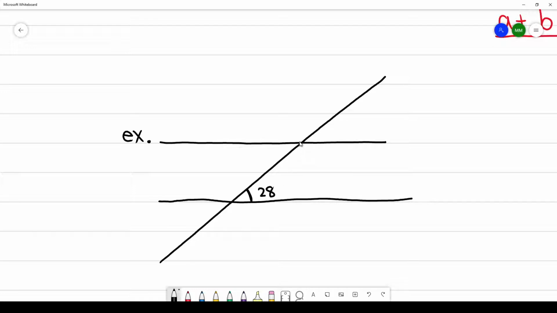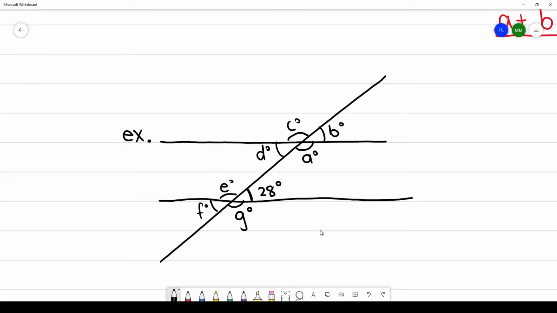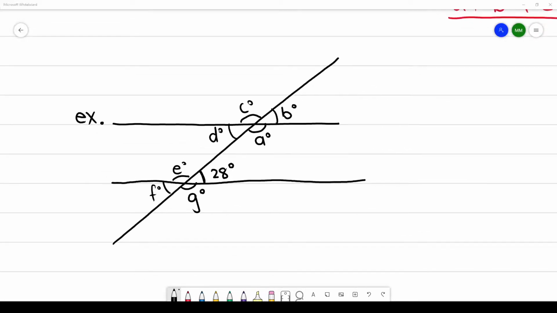And now I want you to find A, B, C, D, E. I just want you to find all the angles. So I only give you one angle, but you can actually find all the angles. So go ahead and give it a try, and then type in the chat the answers.